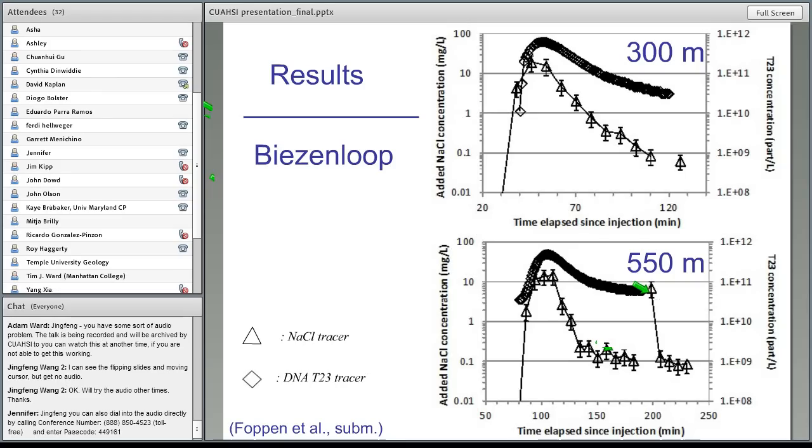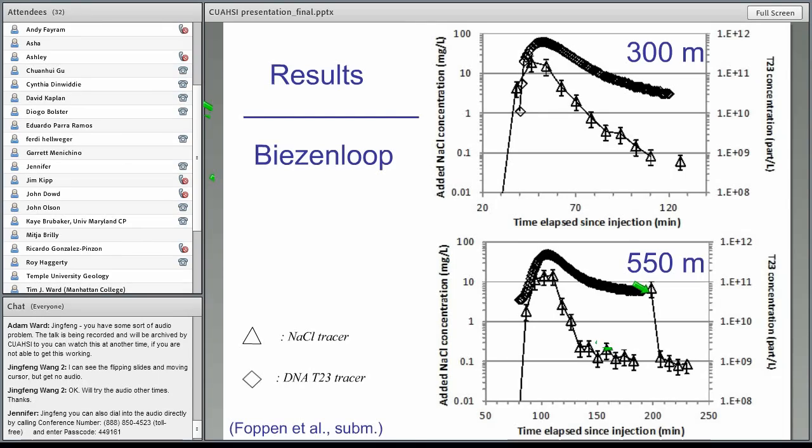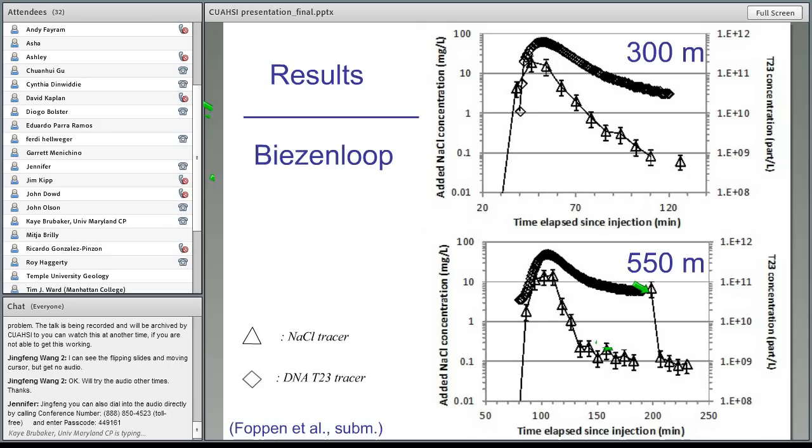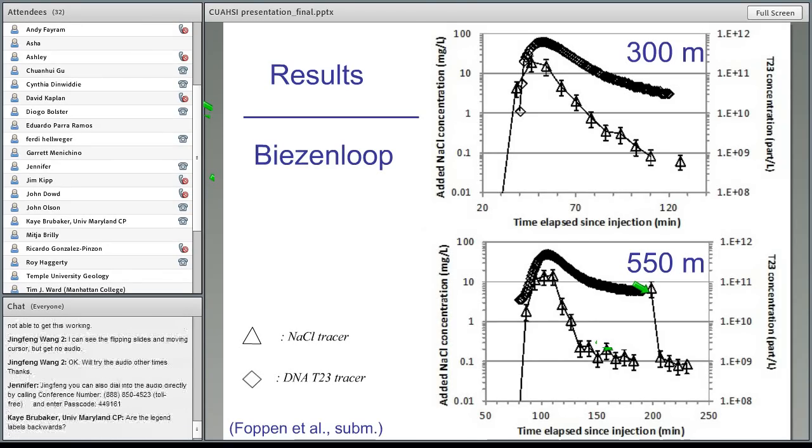So we think that's what we sometimes see. We see false positives. We call these false positives. And we think that these are compounds which are present in the river.